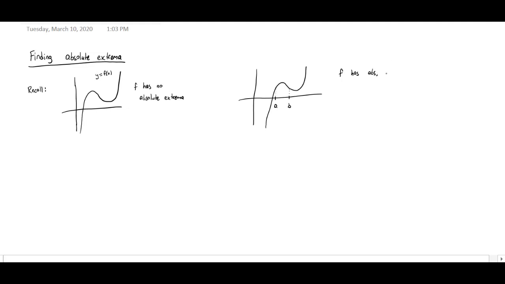So I'll reread absolute extrema on this closed and bounded interval a to b. In this picture, the absolute maximum would be at this point here. And the absolute minimum in my picture kind of looks like it would be here.